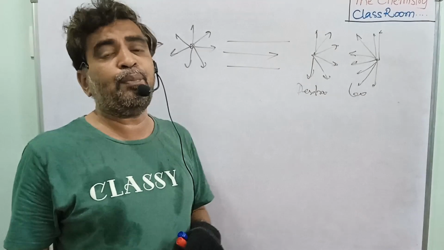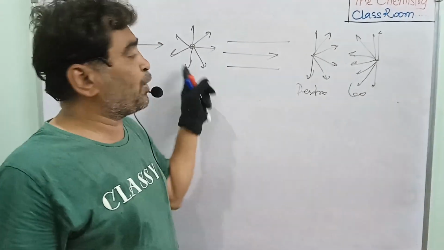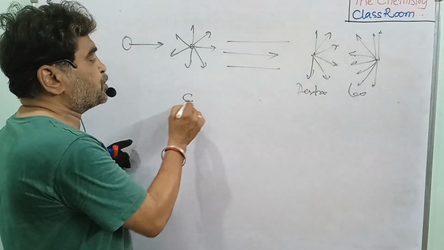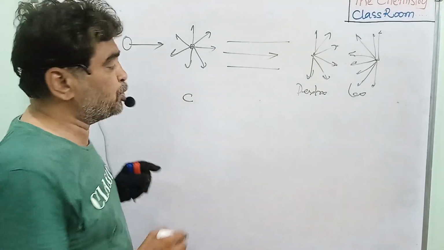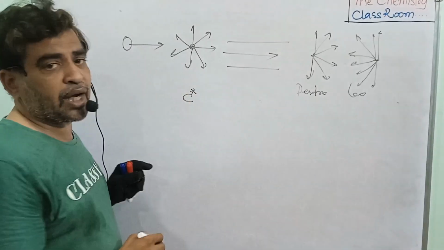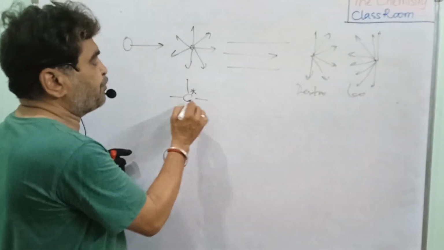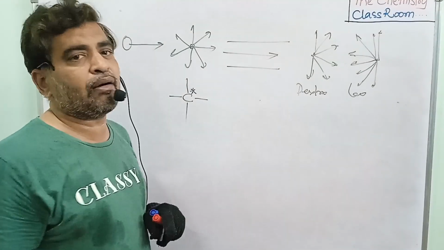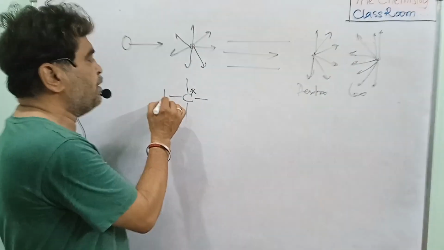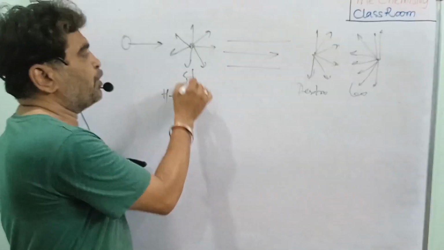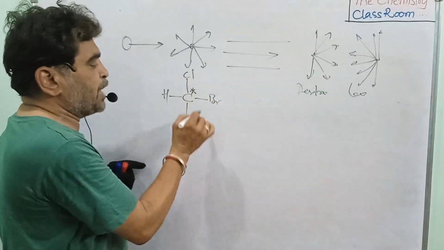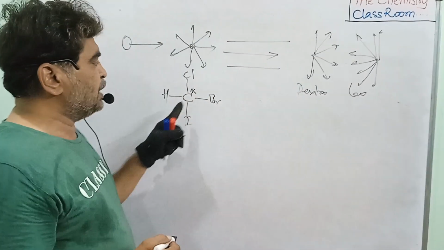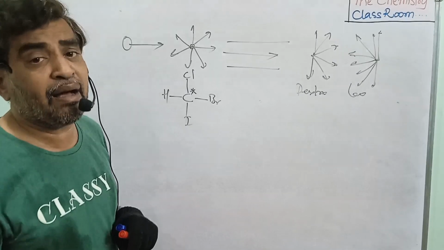So for the plane polarized light to be rotated, we have one condition: the carbon should be chiral, or asymmetric carbon, which has four different atoms or groups. For example, one hydrogen, one chlorine, one bromine and one iodine. The carbon is having four different groups. So this type of carbon is called chiral carbon.